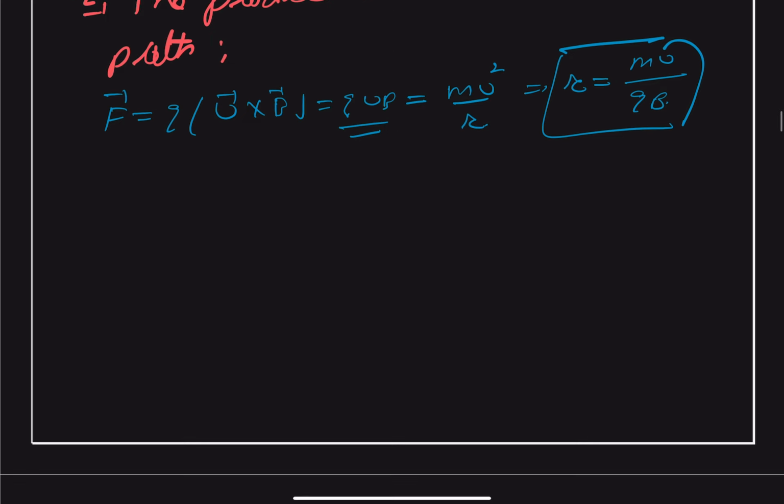Now we can make a comparison between the radius of the circular path and the length of the second region.